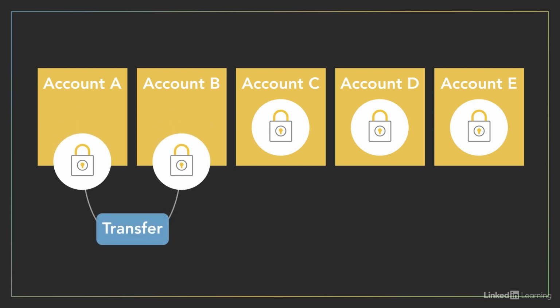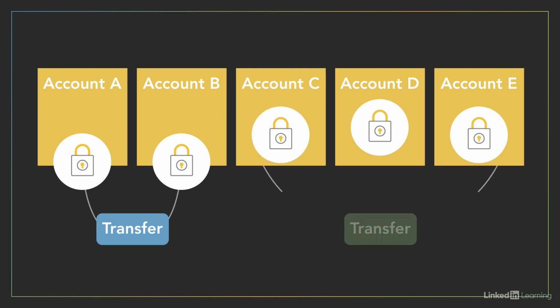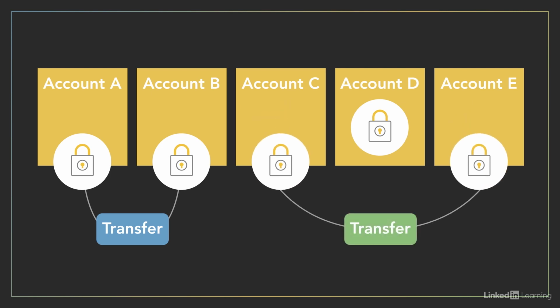To transfer funds between two accounts, a thread needs to acquire the locks for both the sender and the receiver, since it would be modifying the value of both accounts. If there are multiple threads concurrently making transfers between the accounts, then there's a real chance that they could end up competing for the same locks and run into this sort of deadlock scenario.